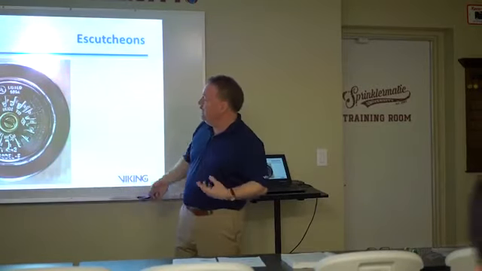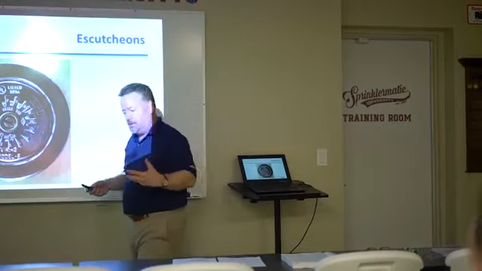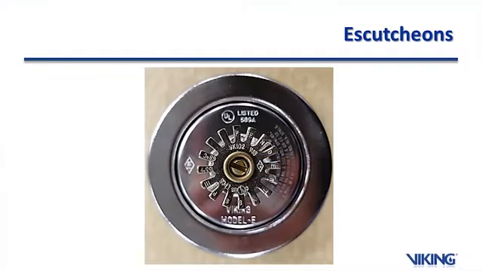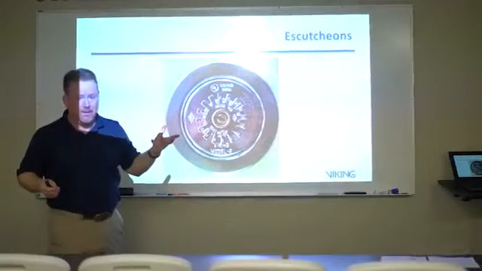And then we get around to making the sprinkler look pretty in the space. This becomes an aesthetics issue when we have flush type sprinklers, or sprinklers where you create a hole to come through the ceiling, right?